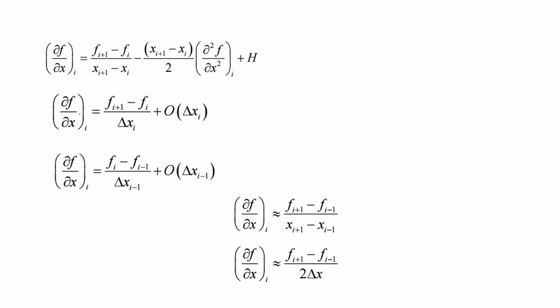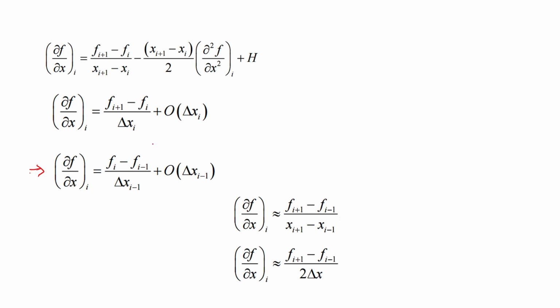So if you are taking the second equation, then it will look like this. dou f by dou x at i is equal to f of i minus f of i minus 1 by delta x i minus 1.